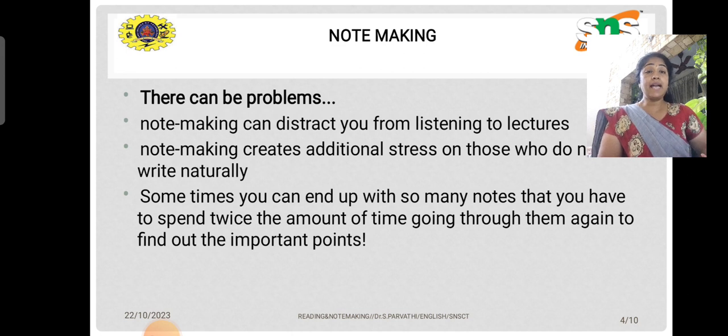That understanding and remembering from the reading passage, that's a good task, really a big task. So sometimes these are the problems students can face.